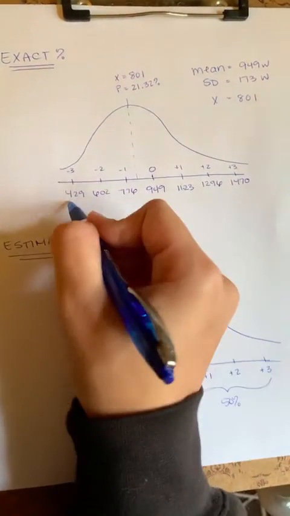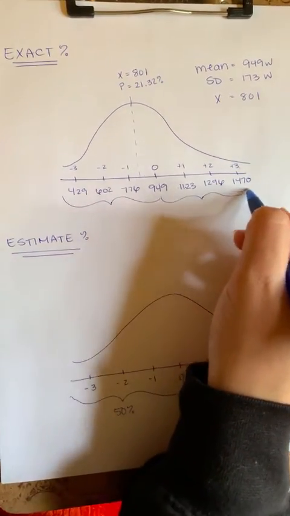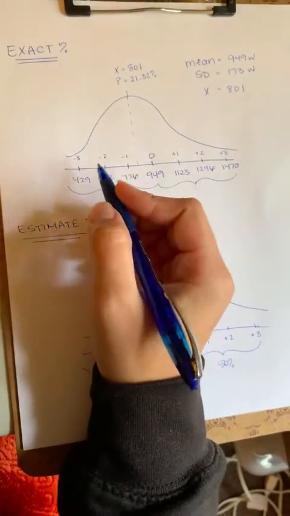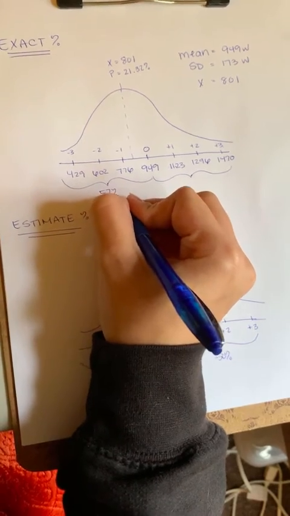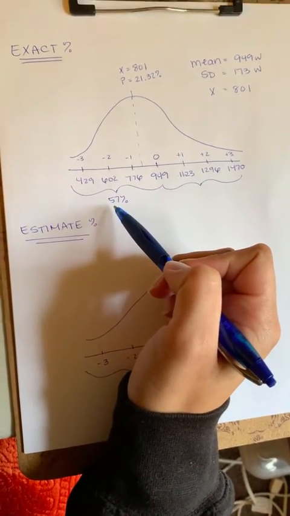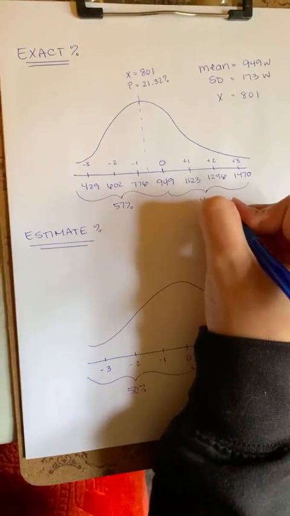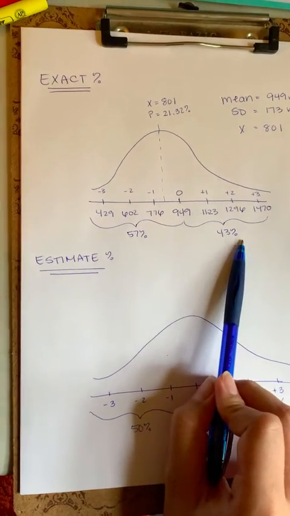I actually calculated this for the example we have here. Approximating our percentages, about 57% of our data landed on this side of the mean, and about 43% of the data in the given sample landed on this side of the mean.